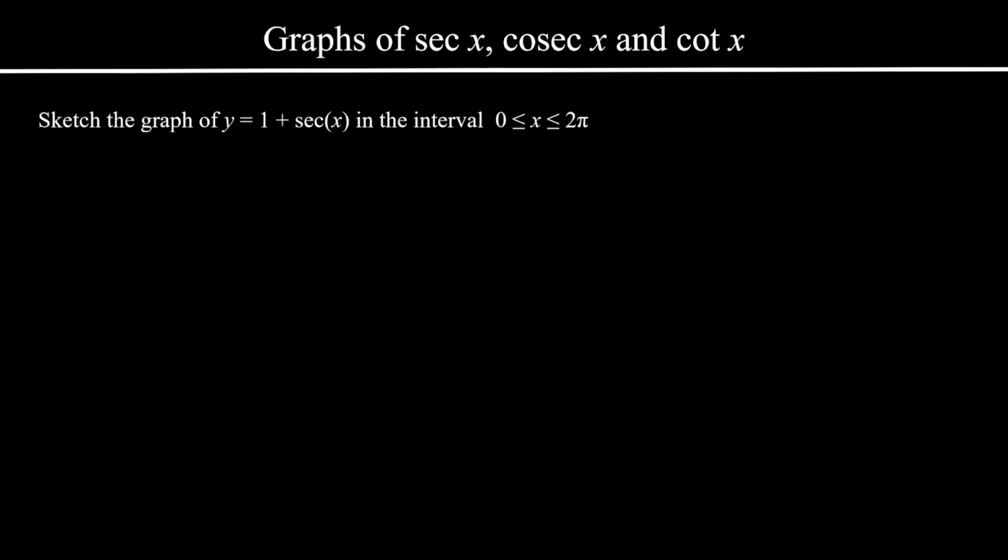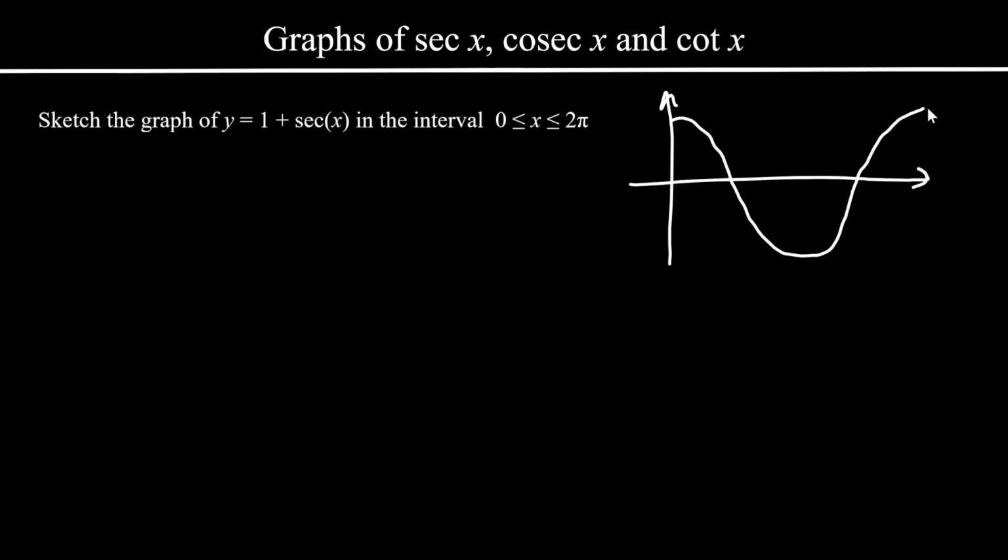Sketch the graph of 1 plus sec x in the interval 0 to 2 pi. Let's quickly sketch the cos graph. The cos graph for 0 to 2 pi looks like this. Our sec graph had asymptotes and then took this shape. So we're moving everything up one. Where we were at 1, it's going to move up to 2. At negative 1, it's going to move up to 0.